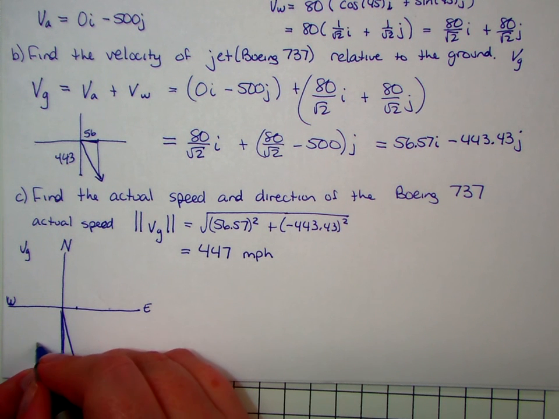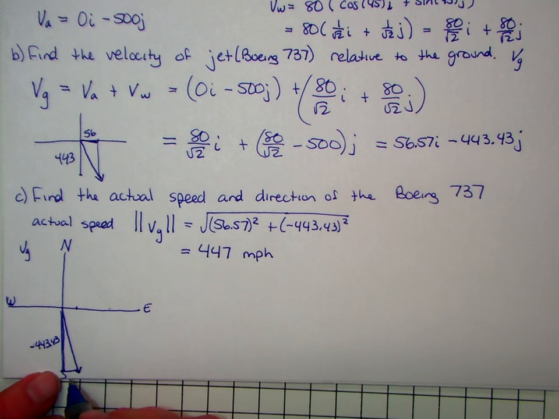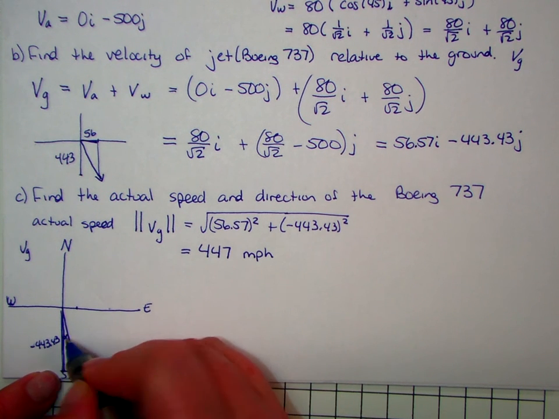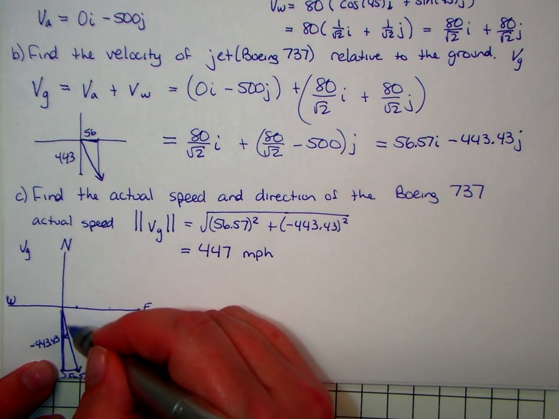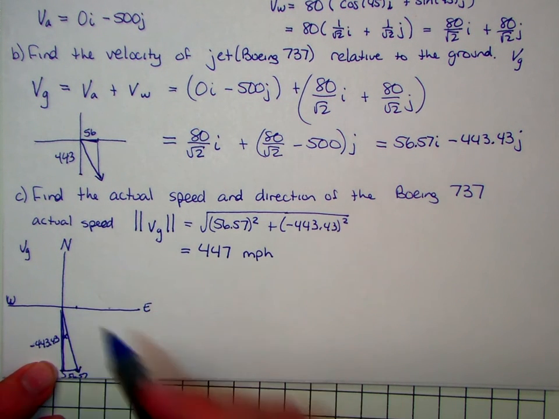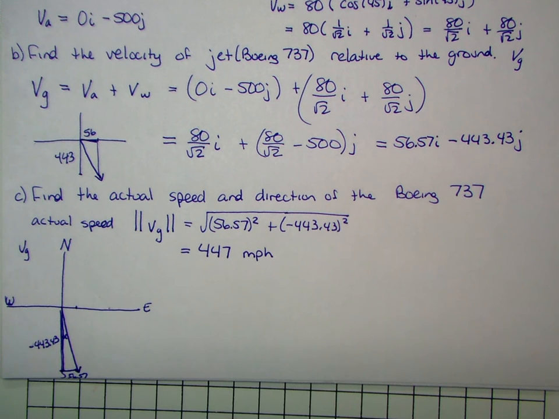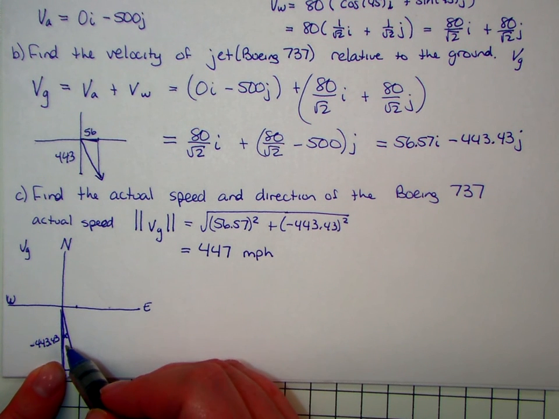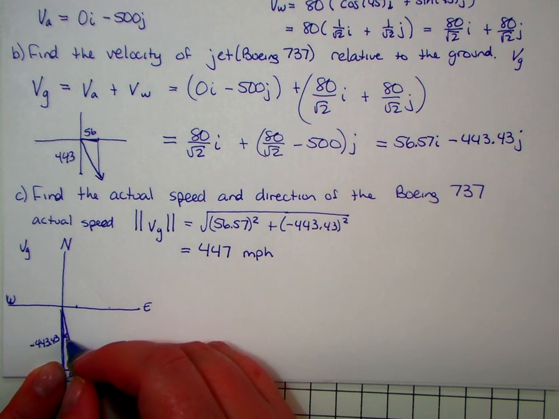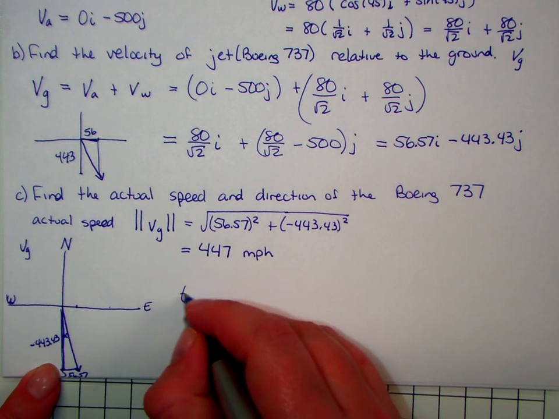So I know this is negative 443.43, and I know this is 56.57, and I want to know this angle. I'm going to call this alpha right here, and this alpha can be found by using tangent.